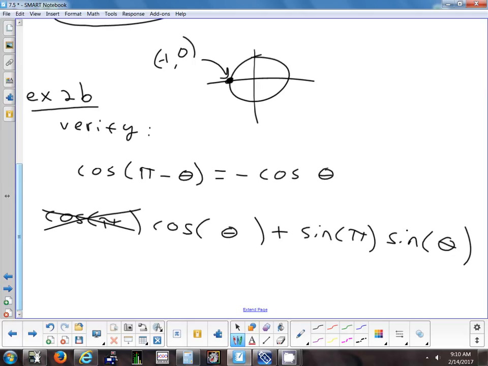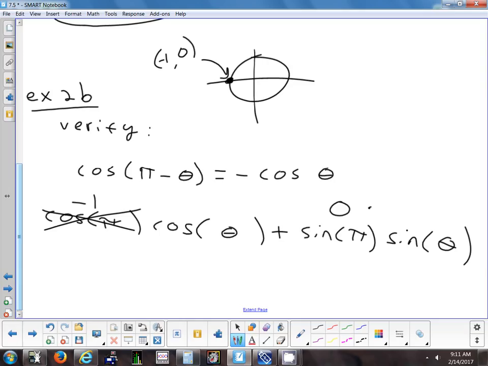Yeah, the x value in that coordinate is negative 1. So we got that. And now the sine of pi, same coordinate. Sine is which letter? Y. The y value of the coordinate for pi, you can see it right there, is 0.